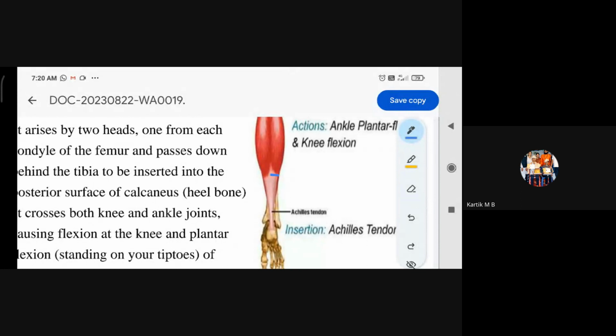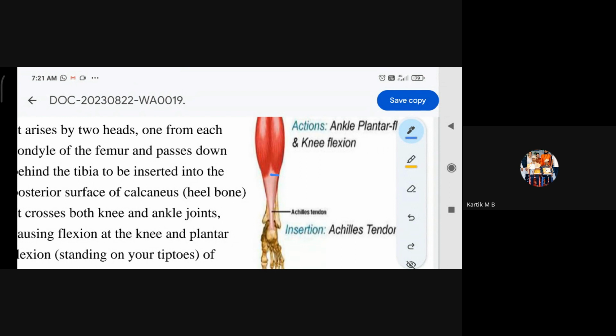You can also feel by touching your gastrocnemius muscle that it is ending in just half of the leg part, but it is inserting at the feet, means at the lower part of feet where the heel bone is located. So till that portion, tendon is continuing, and this tendon is known as Achilles tendon. And this tendon is the longest and strongest tendon in our body.